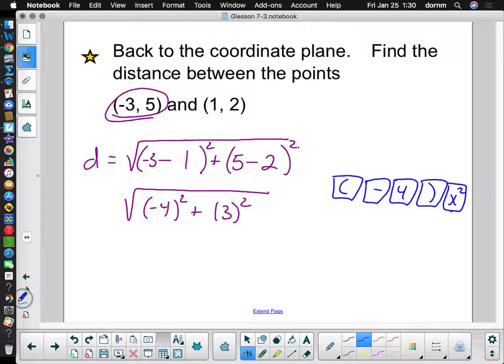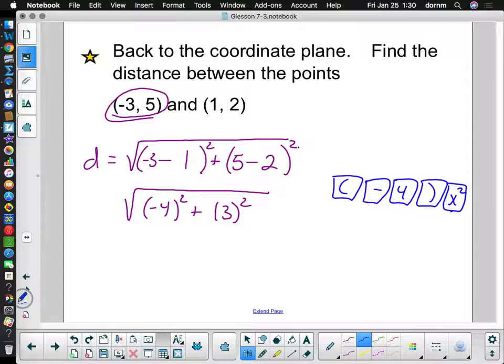Okay, got to be smarter than your calculator. Calculator will do what you tell it to do. If you put in negative 4 squared, you're telling it to take negative 1 times 4 times 4. So if you put negative 4 in parentheses squared, you're telling it to take negative 4 times negative 4, and it'll give you the right answer.